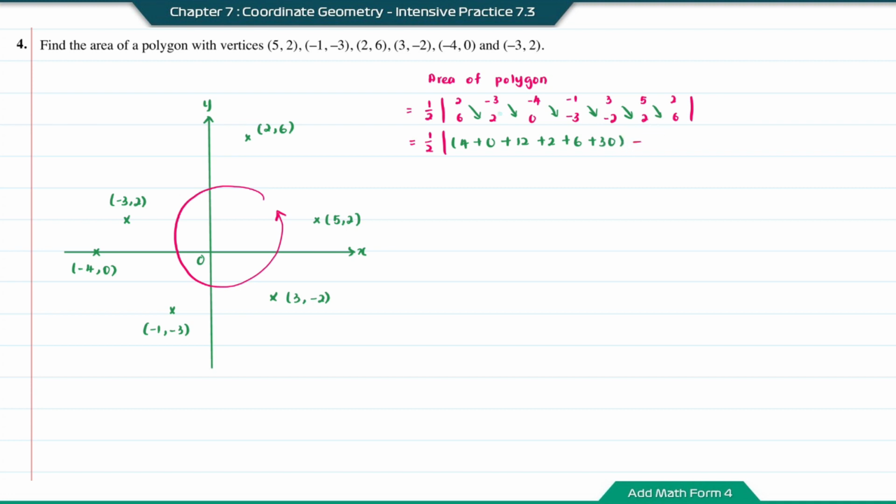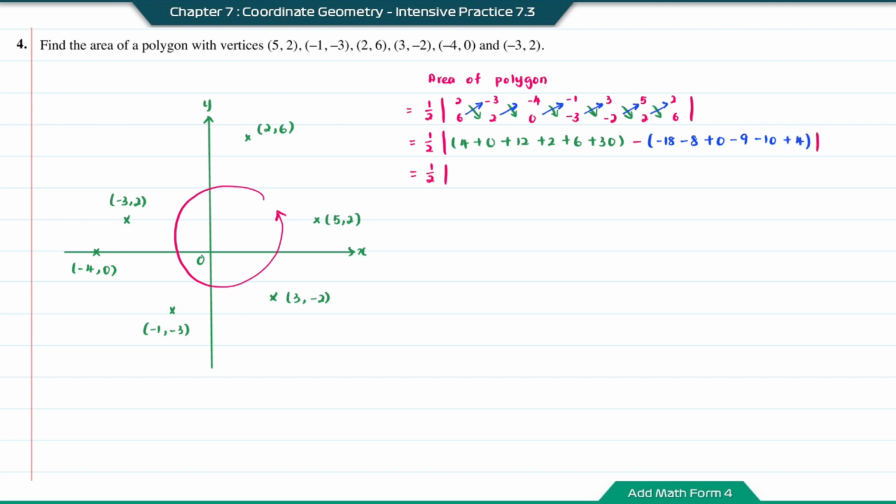Then minus the sum of all products in these directions. So in the bracket, 6 times -3 will be -18. 2 times -4, -8. 0 times -1, 0. -3 times 3, -9. -2 times 5, -10. And 2 times 2, positive 4.